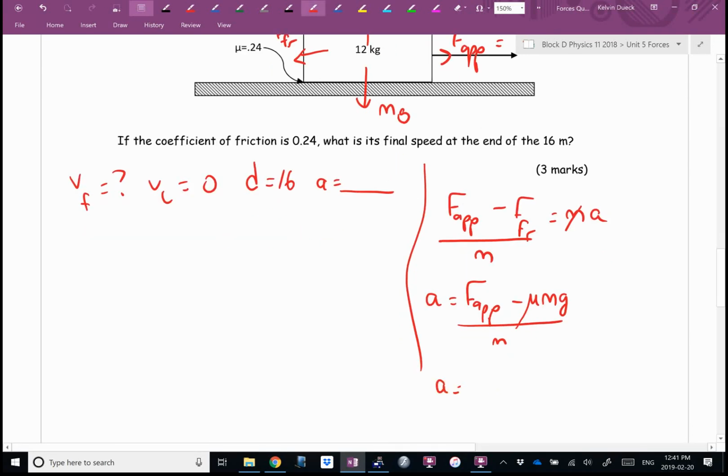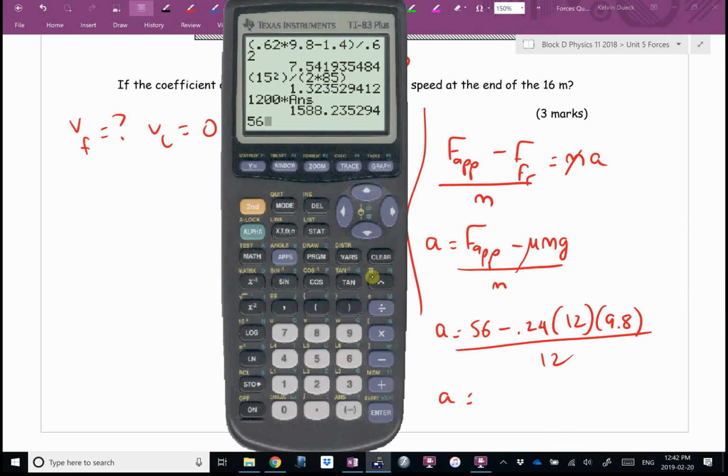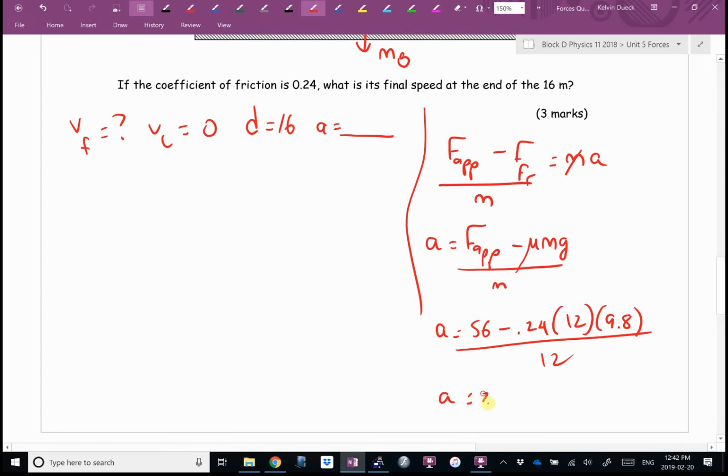A is going to be 56 minus 0.24 times 12 times 9.8 divided by 12. 50, brackets, Mr. Dueck. I got an acceleration of 2.31.